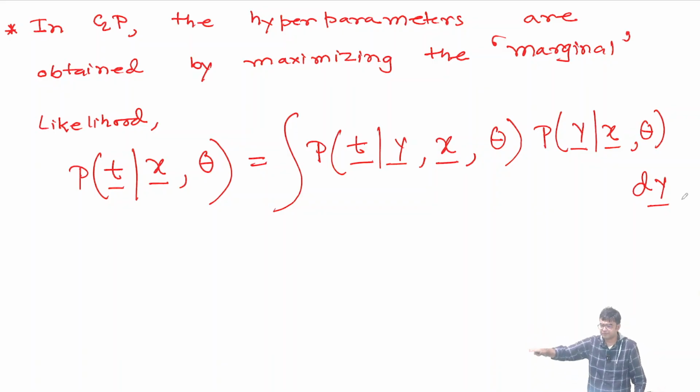Do you agree with this expression I wrote? Is there anyone who does not agree with this expression? It's basically the sum and product rule. If you take the product, you will get t comma y given x comma theta, and then you integrate over y, so you get t given x comma theta, which is the left hand side.